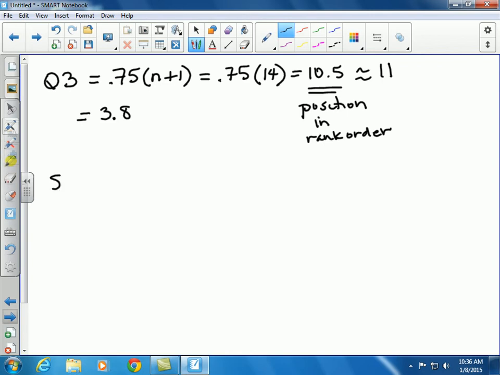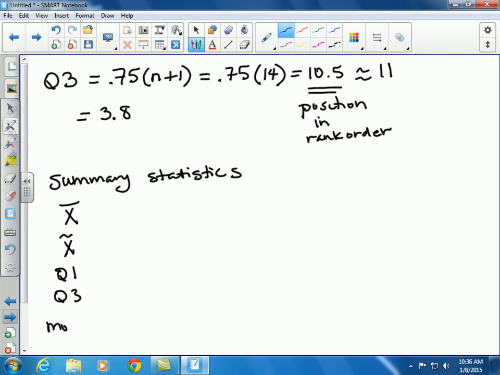So if we give what we call, and we do this a lot, the summary statistics, we have X bar, the median. Sometimes we do the quartiles all together because the median, quartile 1 and quartile 3 tend to go together since they're marking the percentages inside the data set, and then we have the mode. So we would report all those.